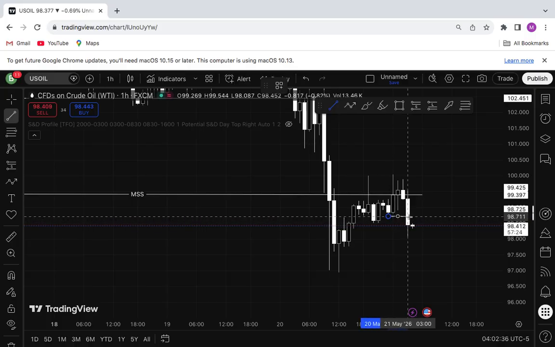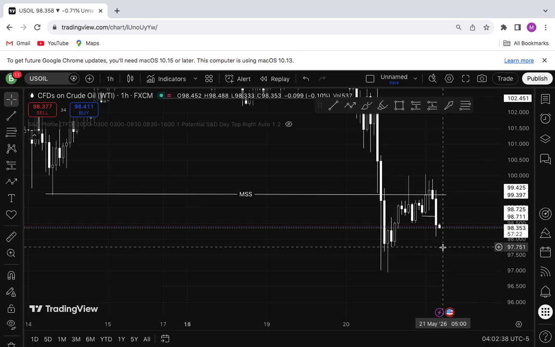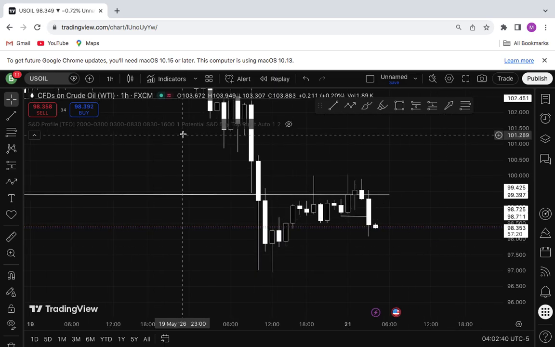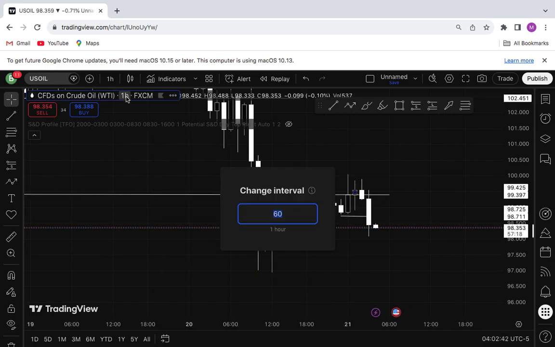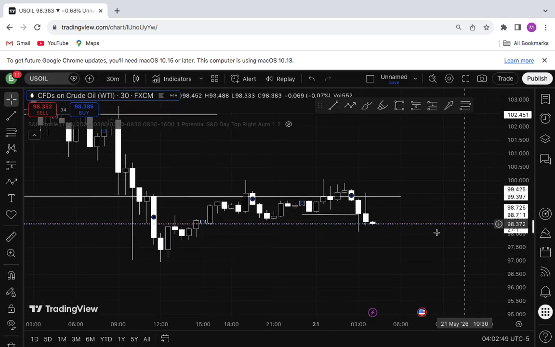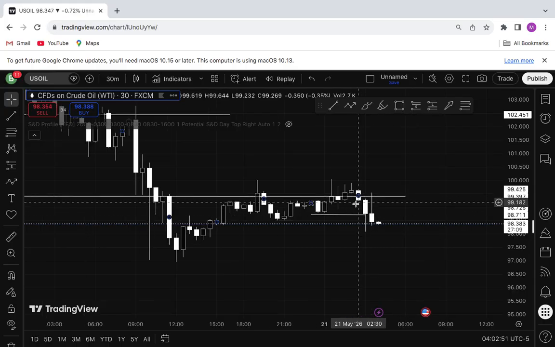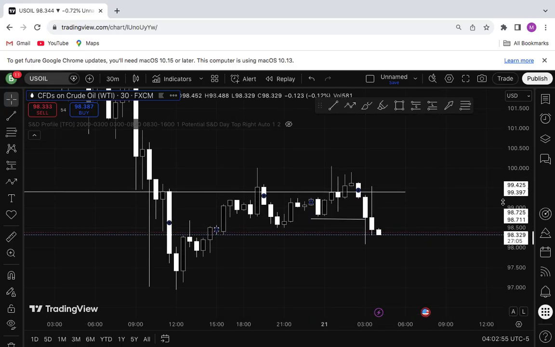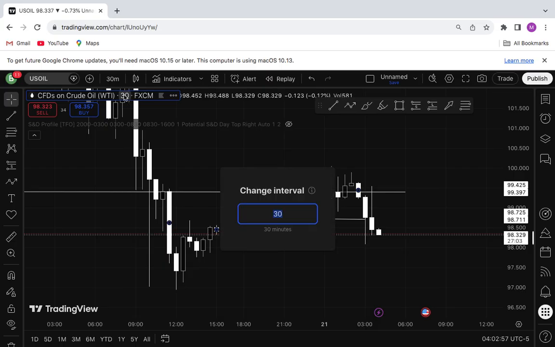Now all I want to see is the market giving me some pullbacks. For more clarification, we can go to the 30-minute, where you can see the market structure shift. Your entry needs to be around here, so you can wait for the pullback and you enter.